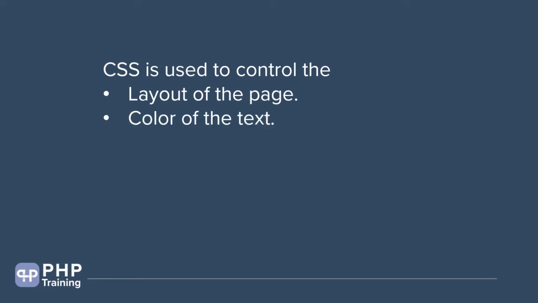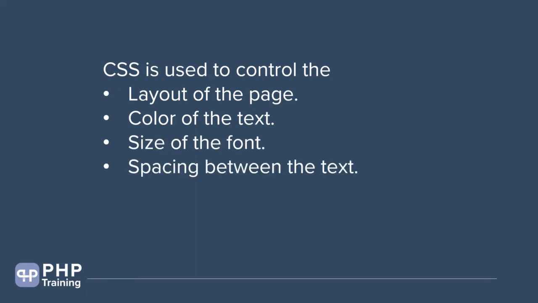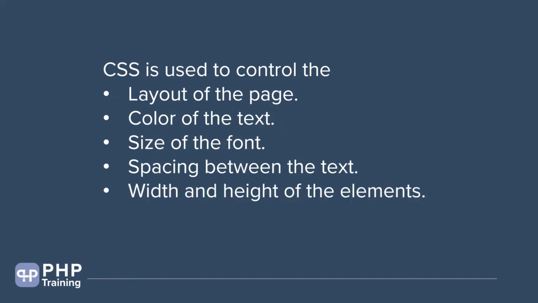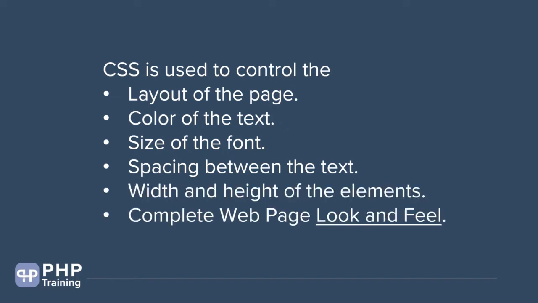Then you can change the color of the text. You can change the size of the font. You can add spacing between the text. So you can decide when two elements come together, how much space you want. You can decide all those things via the CSS. You can decide the height and width of the elements.